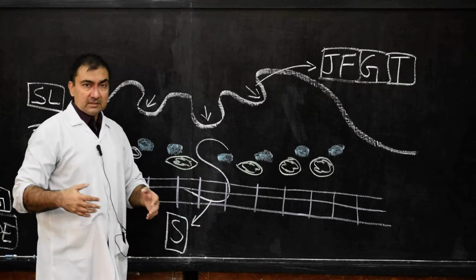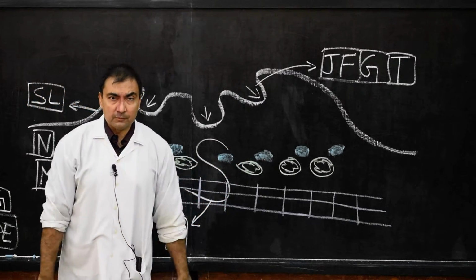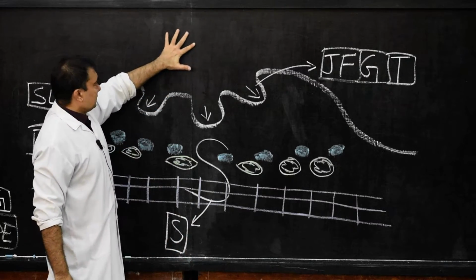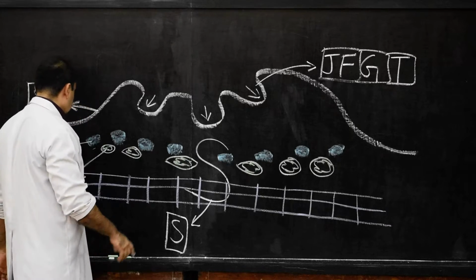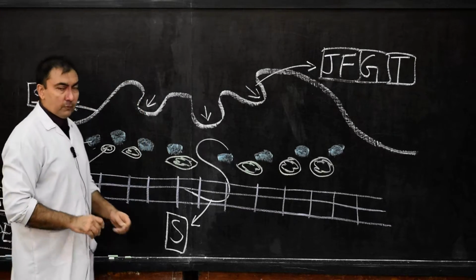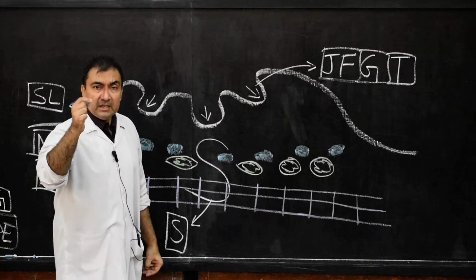Now, what about the axon which is terminating? Now here, one axon which is coming from above, that particular axon will divide into various terminal branches.